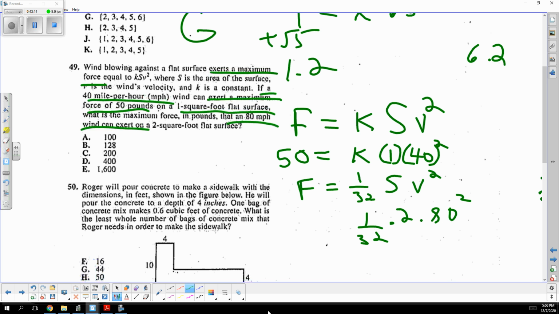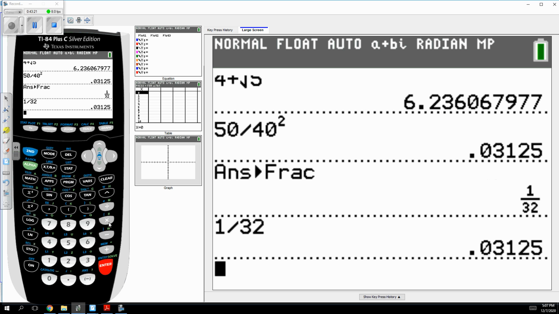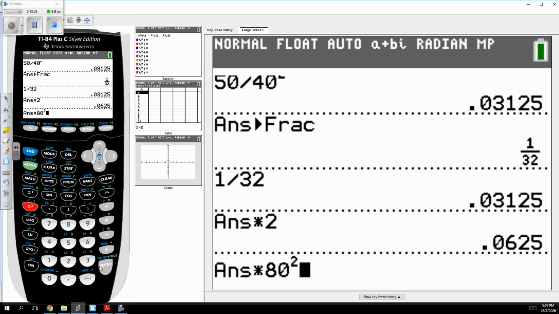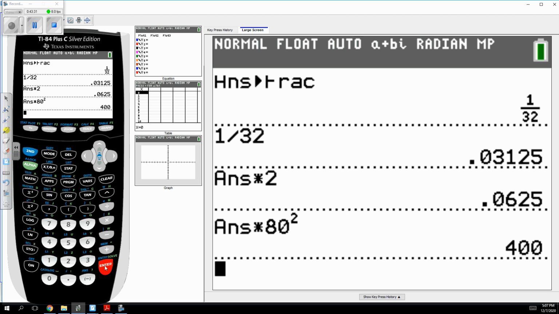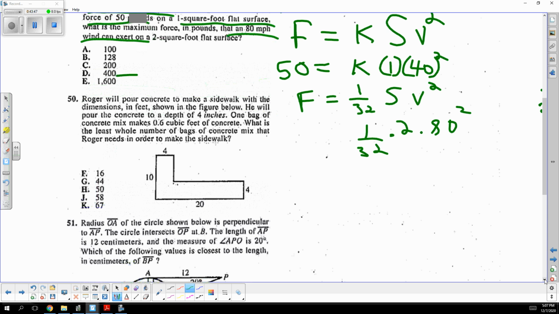So it's 1 over 32 times 2 times 80 squared. That's squaring only the 80. And the answer is 400 for my force. Ta-da! D is 49.